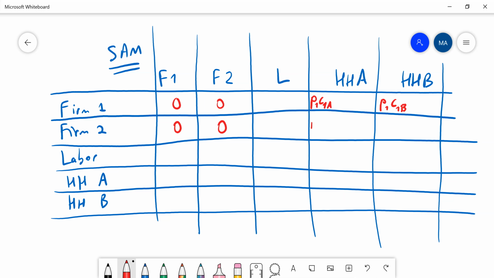Then you have the second good, P2 C2A, then you have P2 C2B. And of course, firm does not obtain any income from labor, so that will be 0.